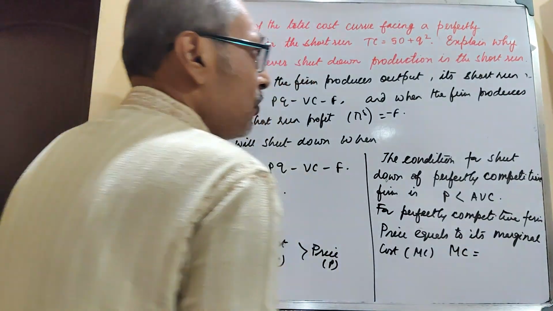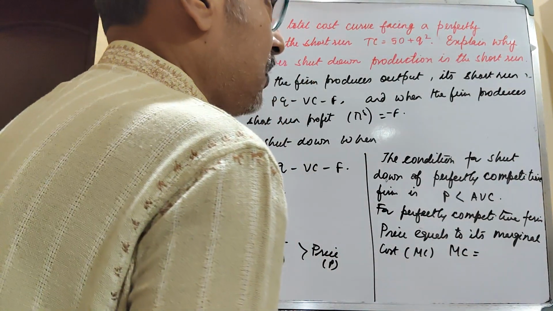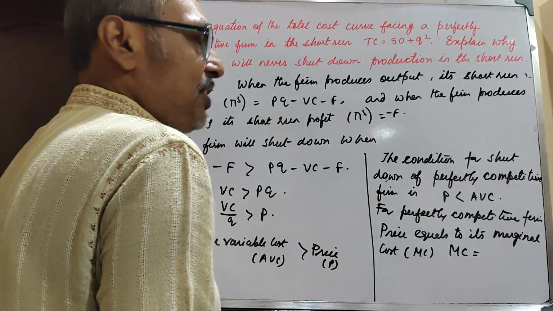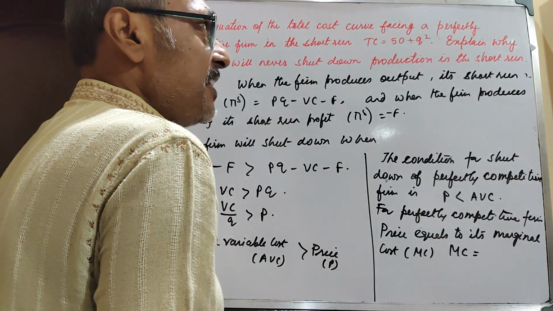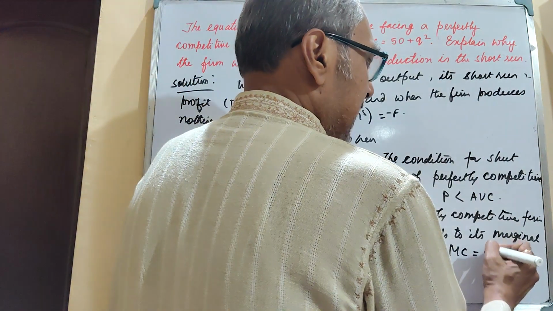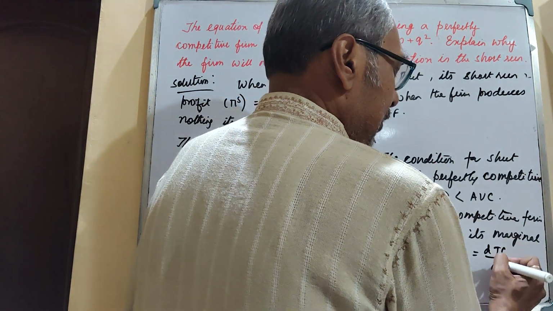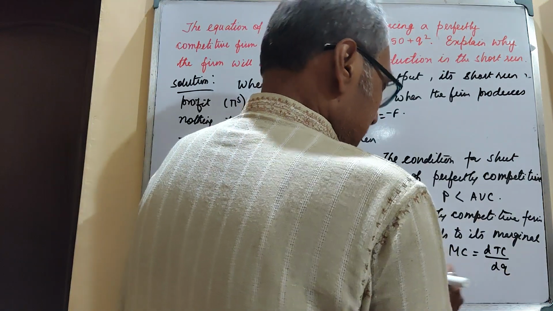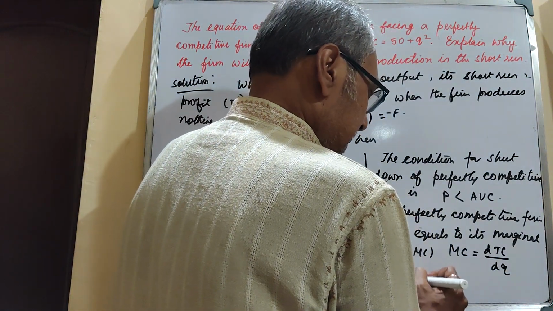Marginal cost is the change in total cost due to one unit change in output. That is the first order derivative of the total cost. MC equals dTC by dQ.